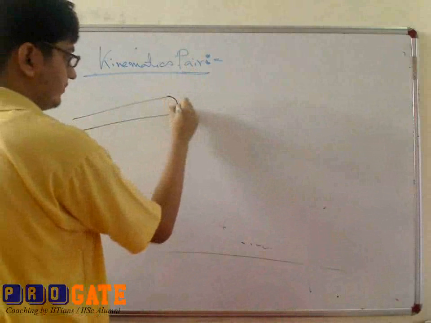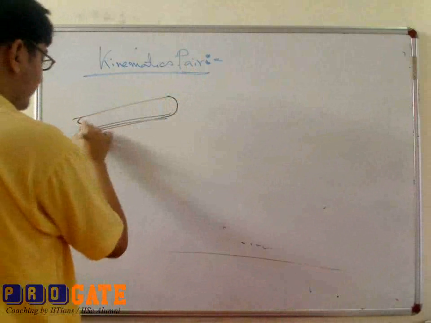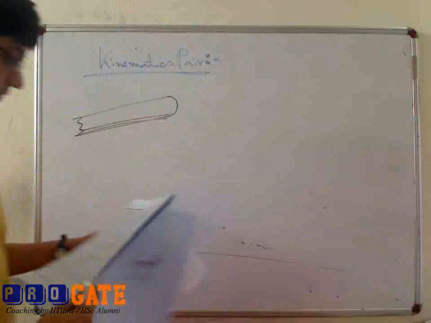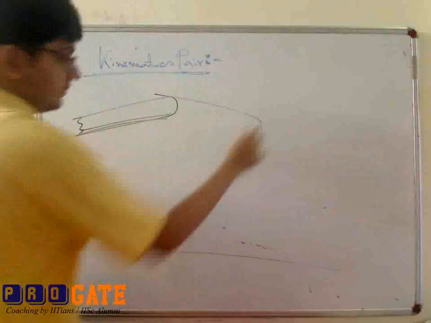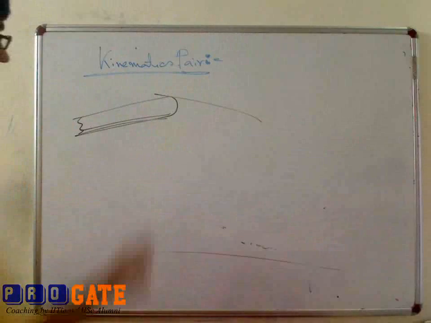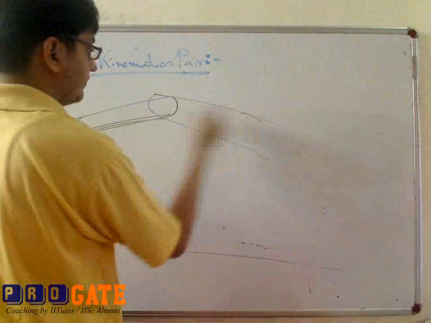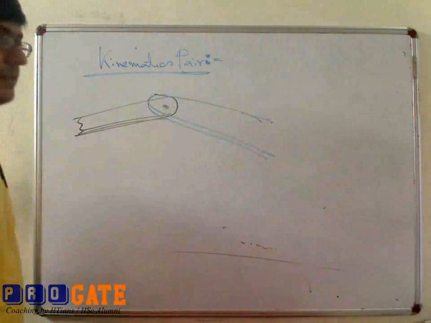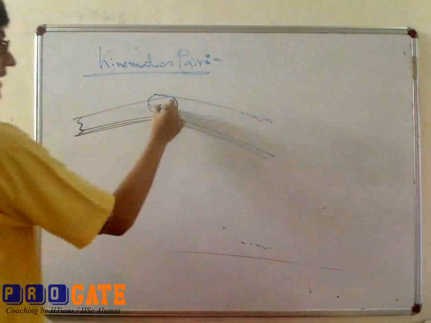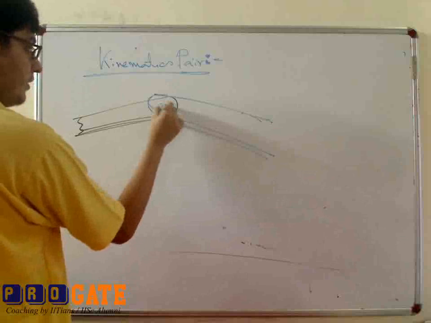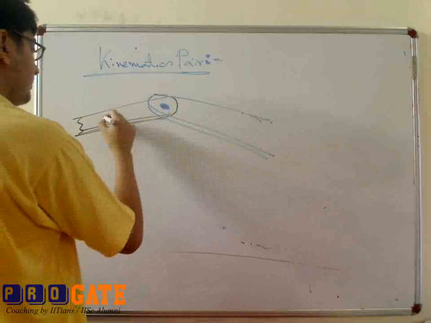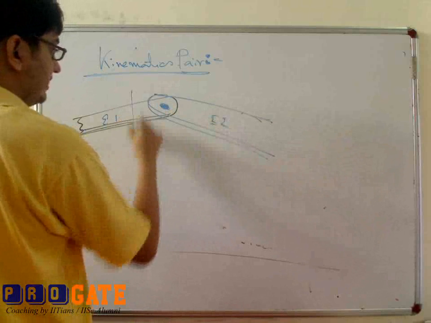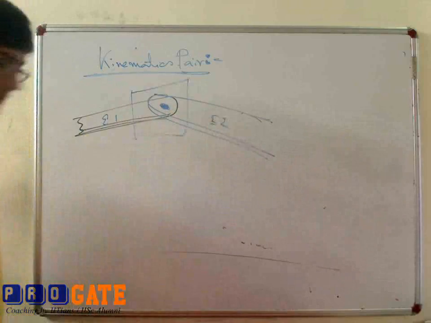If this is my one element, and this blue one is my second element, and you make a hole and place a nail in between these two elements, this is element 1, this is element 2. So this is known as a kinematic pair.